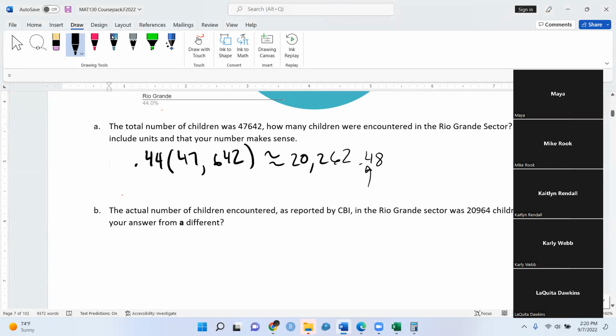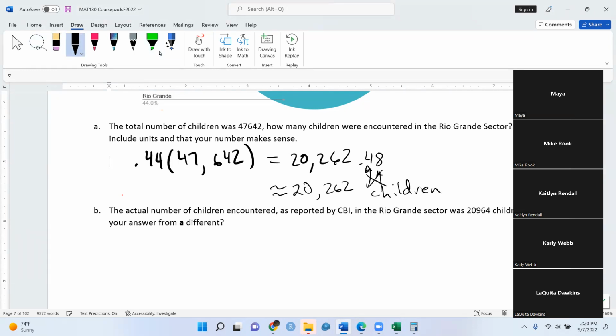So we shouldn't round to here or to here because it's children. You can't have part of a child. So we should round this to 2262. And I need to change this approximate symbol because this is exactly 2262.48. And then when we round it, that's approximately this many, and then you should have your label on there, children.